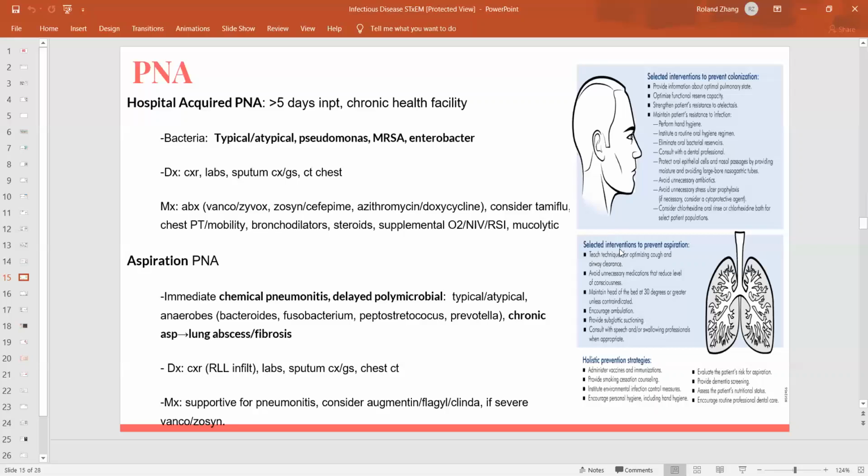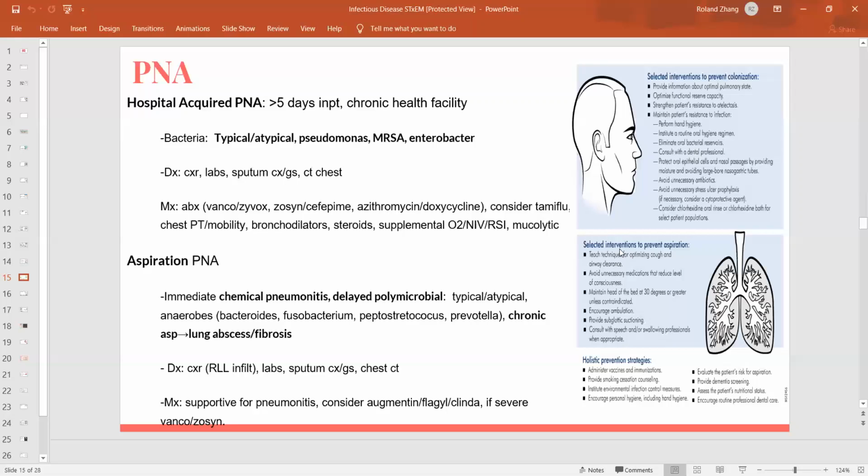So they really leave it up to you how sick the patient is and what your suspicion is. There's no strict criteria like before, where if they're from a chronic health facility or nursing home, then we definitely got to cover them for MRSA and Pseudomonas.